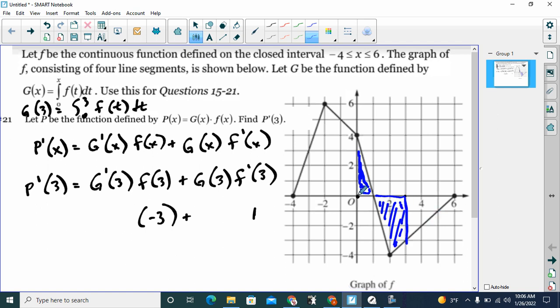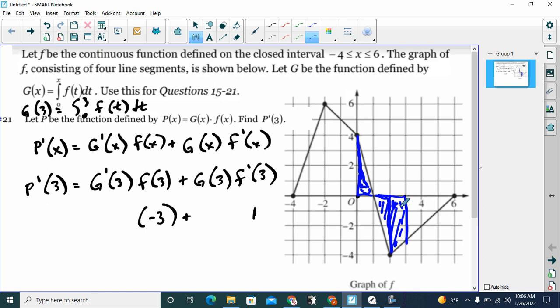Notice here I have a triangle with a base of 1 and a height of 4. Right here I have a triangle with a base of 1 and a height of negative 4. So those areas are the same. One's positive and one's negative, so those are going to cancel out.